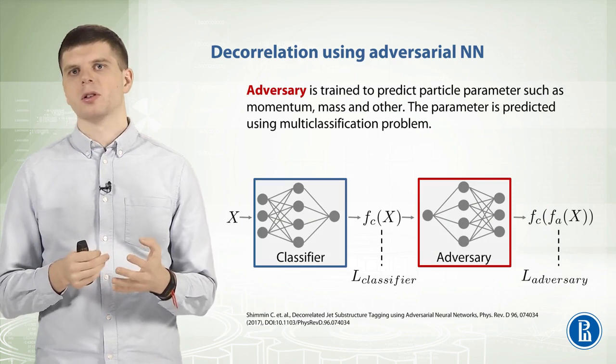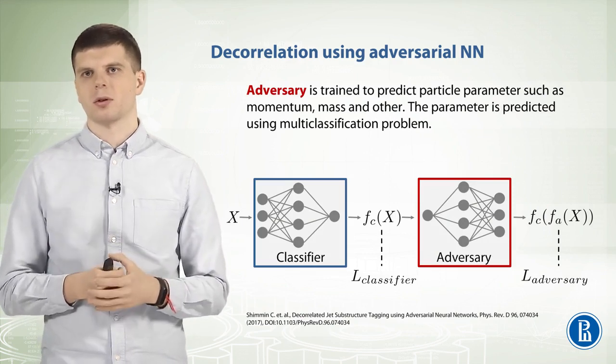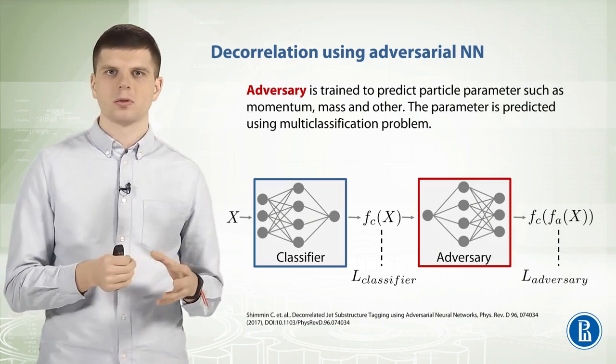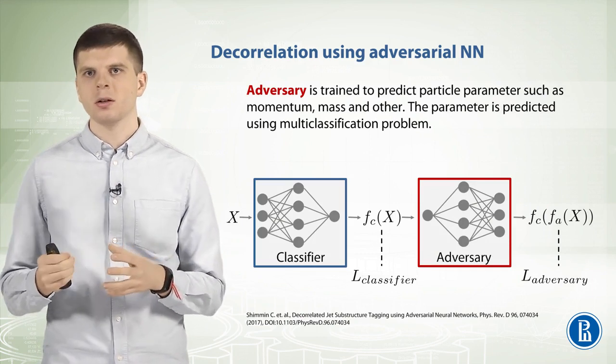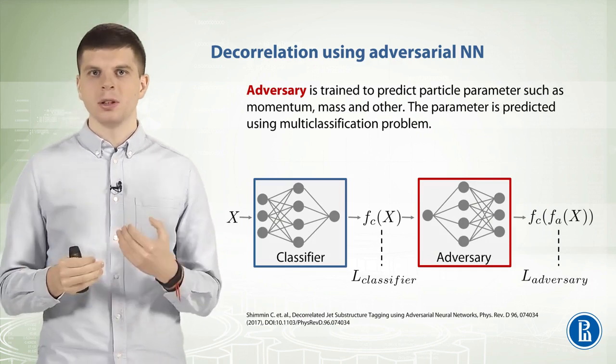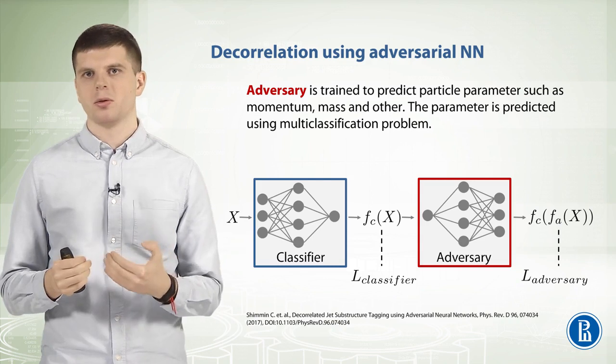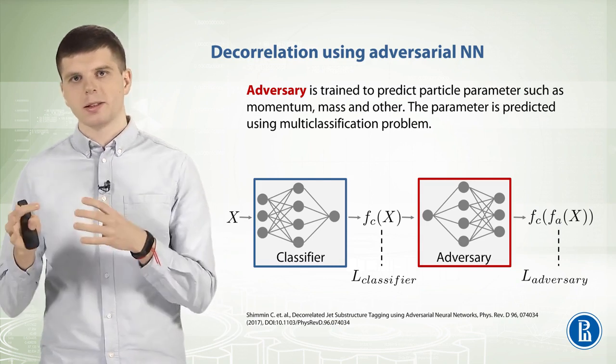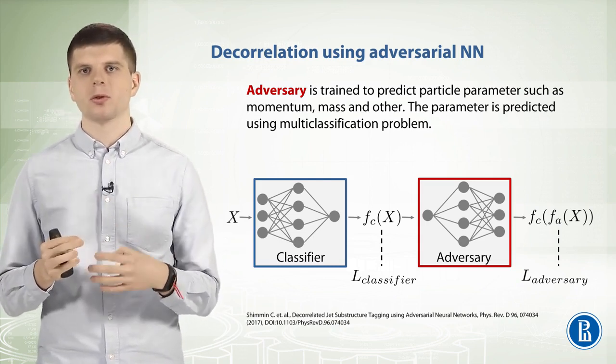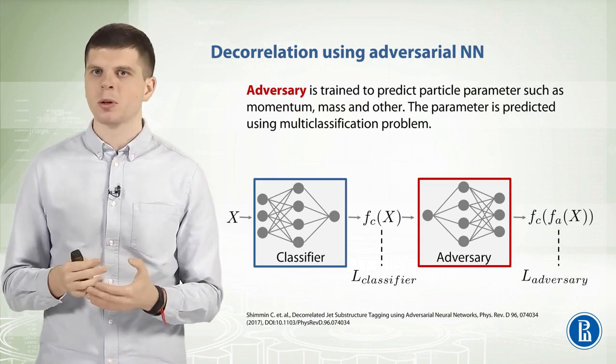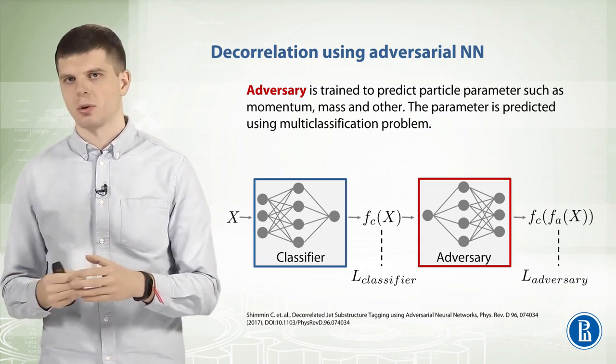The second part of the network is an adversary network. It takes outputs of the classifier for a particle as inputs and predicts a particle momentum value, for example. The momentum prediction is performed using a multi-classification problem instead of a regression one.